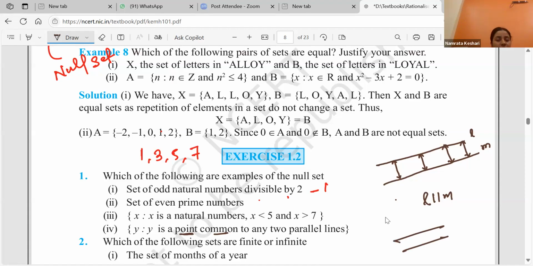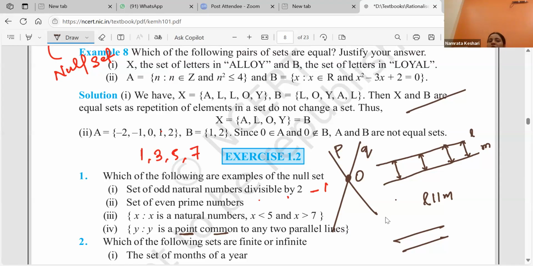What is a common point? Suppose you have a line P and a line Q. Then both have a common point O. Can you see? O is sitting on the first line and the same O is sitting on the second line, hence a common point. Getting it? Yeah.